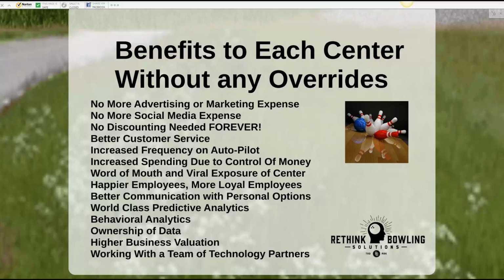We have podcasts, we talked about that, but it can easily go up to 5x or 10x depending upon how much revenue you bring in. So all of this helps contribute to higher business valuation, so you can work hard for 2 or 3 years, and if you want to sell your center, you're going to sell it at 4, 5, or 10 times more than you may sell it for today, all because you have technology in place. This is well worth the effort.